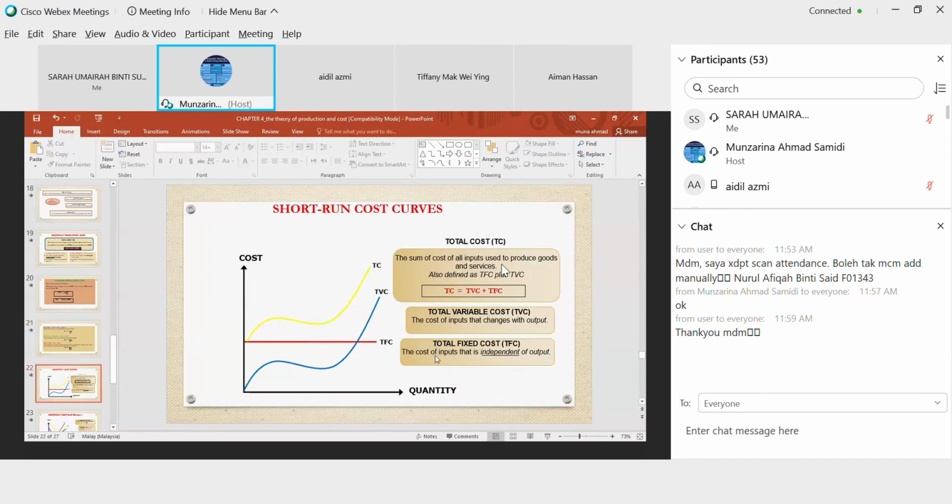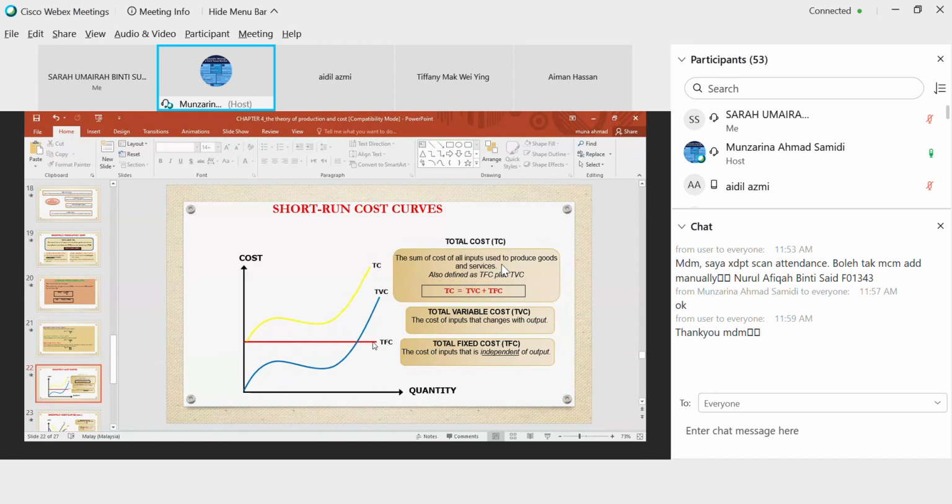So this is your cost curve. This is your total cost curve. Total fixed cost is horizontal at a certain amount. Why? Because its value is fixed. No matter how many you produce, the fixed cost is the same.